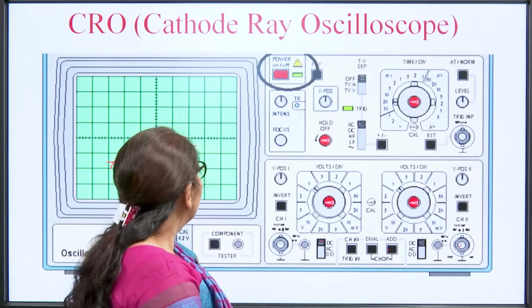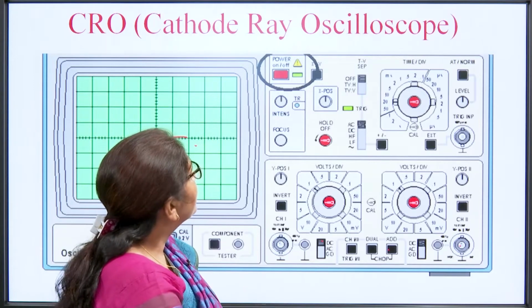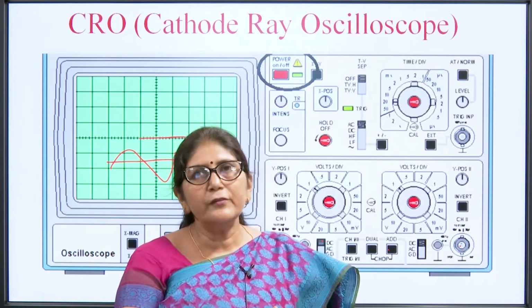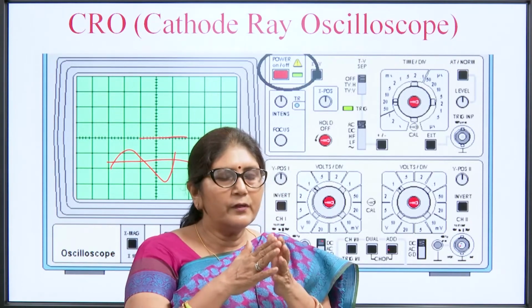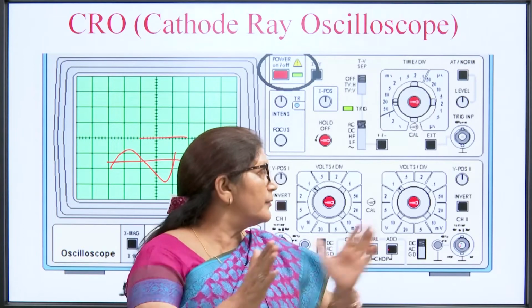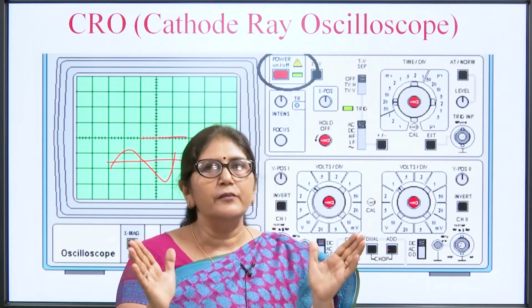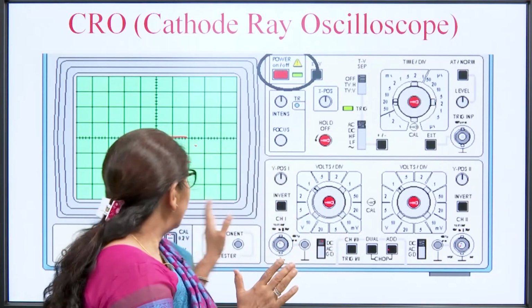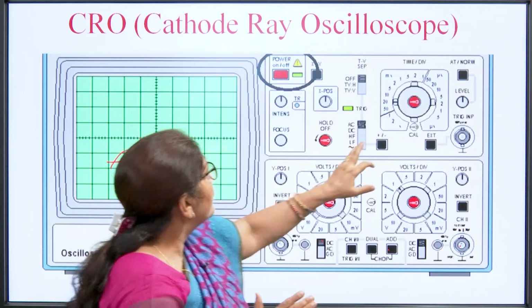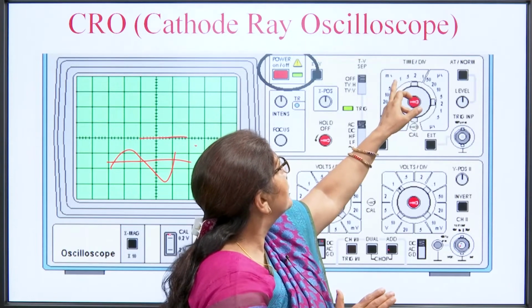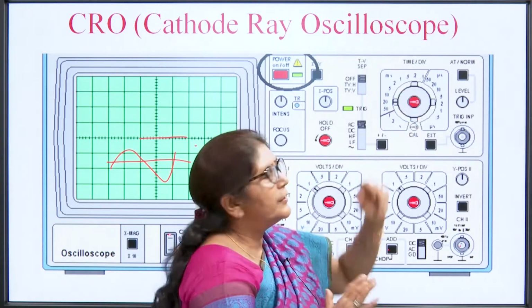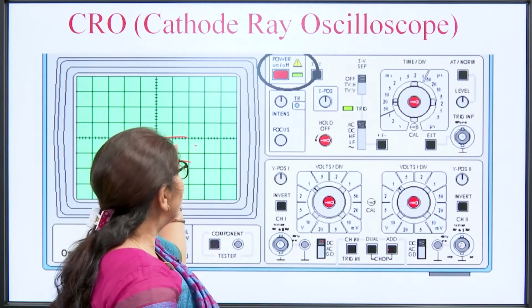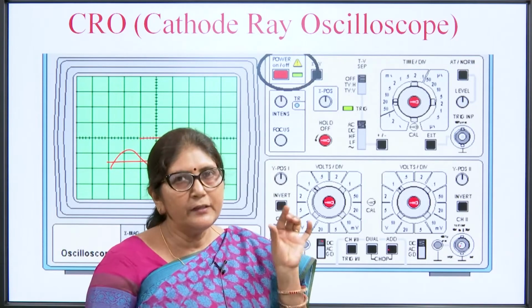This is all about this. Yes, there is also a time division, time per division. By this we can change the time per division. Time per division means, suppose this knob is at 20 millisecond, it means one horizontal division is equivalent to 20 millisecond.